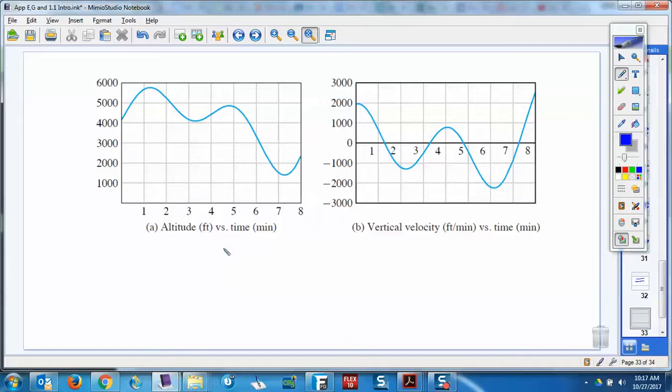All right. So on page 1, bottom of page 1, read that little paragraph there where it says example 1.